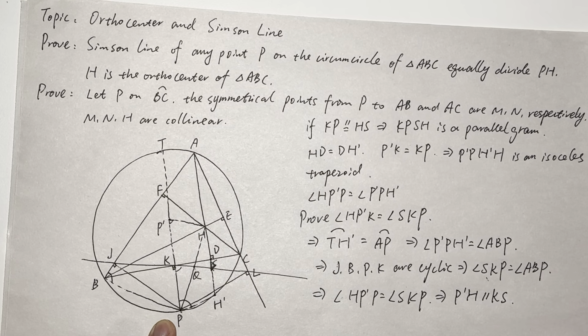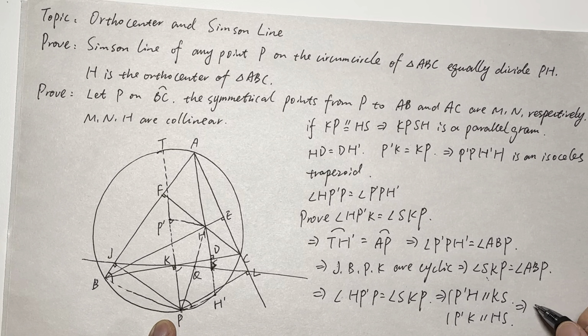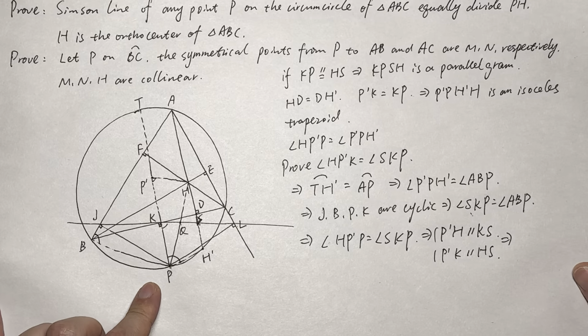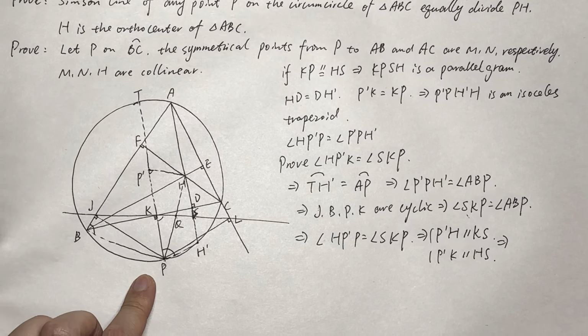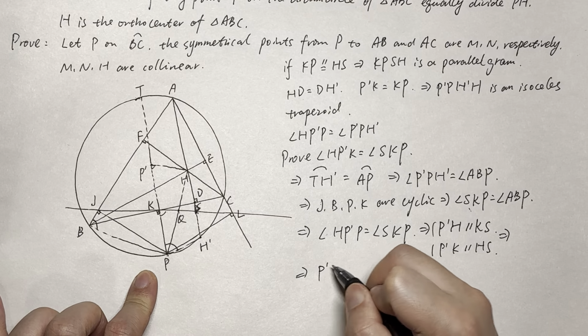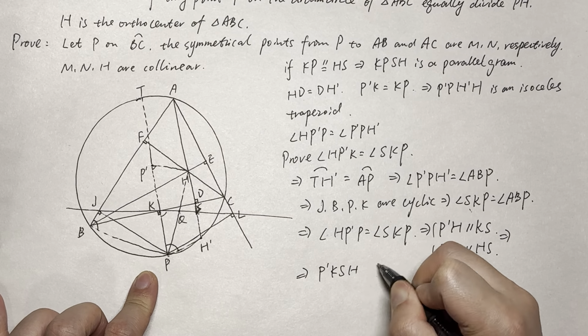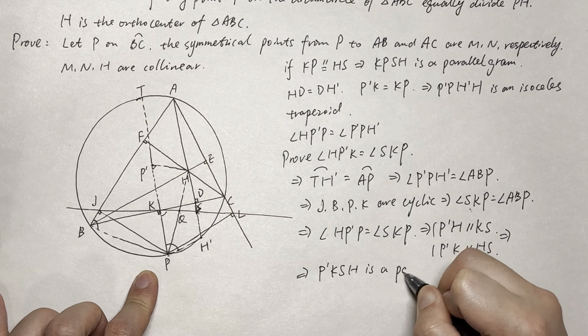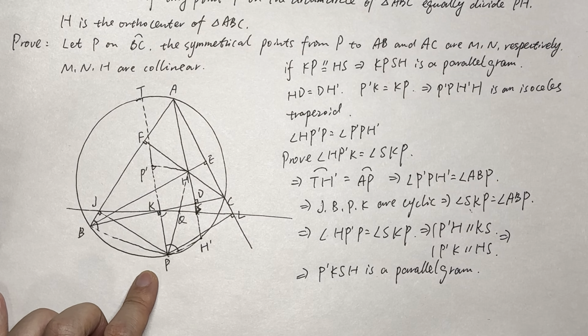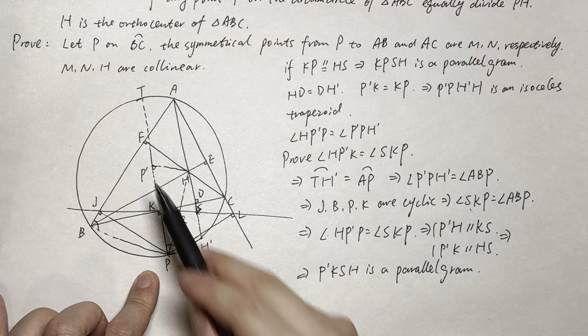And because P prime K is also parallel with HS, we know that P prime KSH is a parallelogram, right? This is a parallelogram.